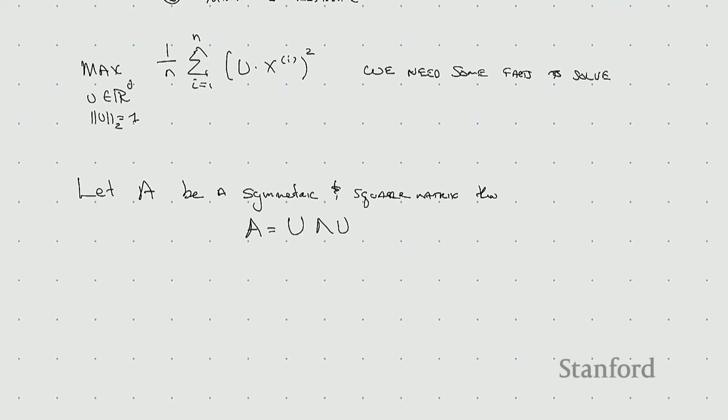U lambda U transpose, where UUT equals I, the basis is orthogonal, and lambda is diagonal. Okay? Not all matrices are diagonal. Not all matrices are orthogonally diagonal. But if it's symmetric and square, it's called normal.